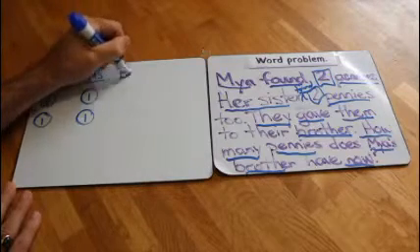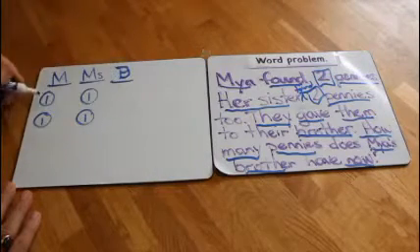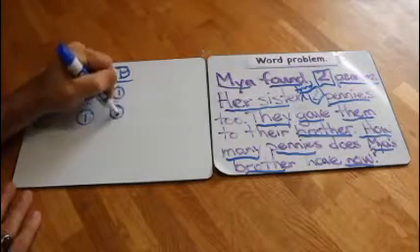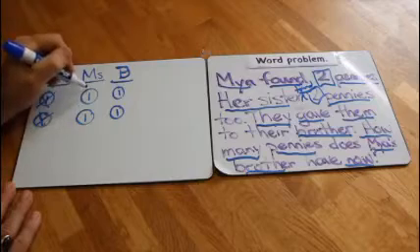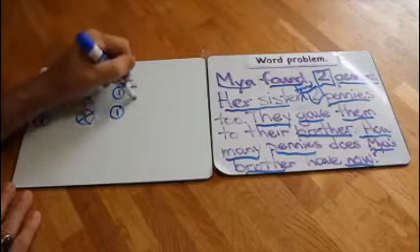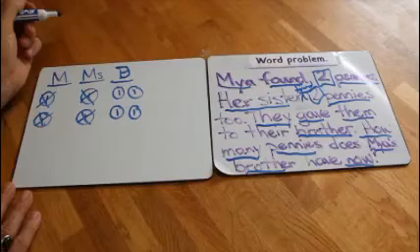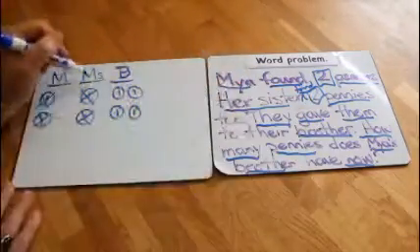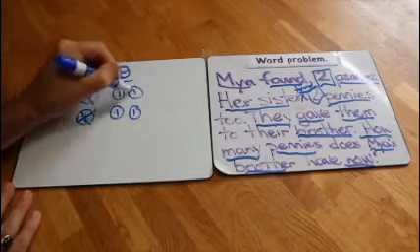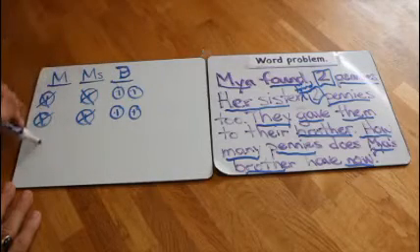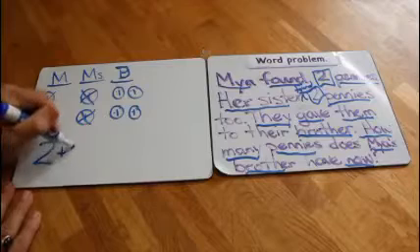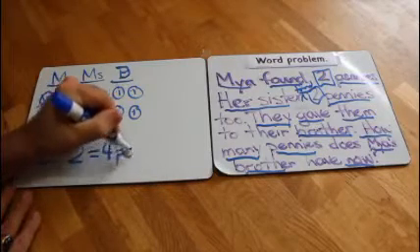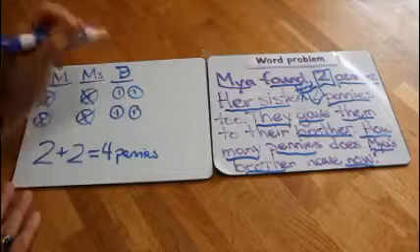Maya's going to give her 2, 1, 2, to her brother. And Maya's sister's going to give hers to her brother. 1, 2, to her brother. So, how many pennies does Maya's brother have now? 1, 2, 3, 4. Because Maya's 2 plus Maya's sister's 2 equals 4 pennies for her brother.